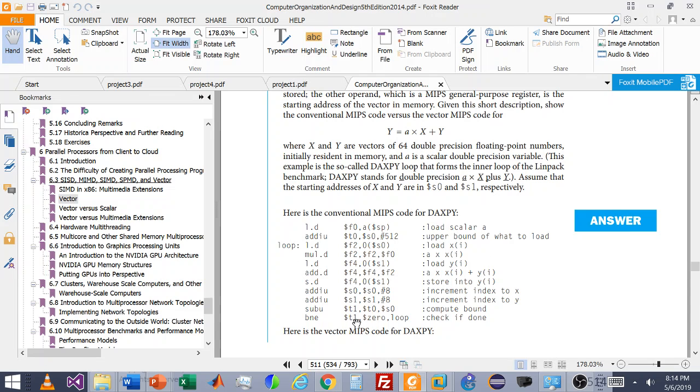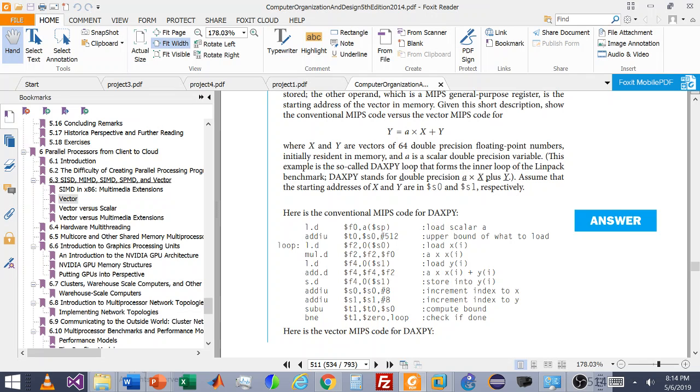Here would be the traditional MIPS code for accomplishing this on a matrix. You have to have a loop. So you load A, which is a scalar value, so it's the same for all. Then you find out the upper bound of what to load. And then we do a loop right here.